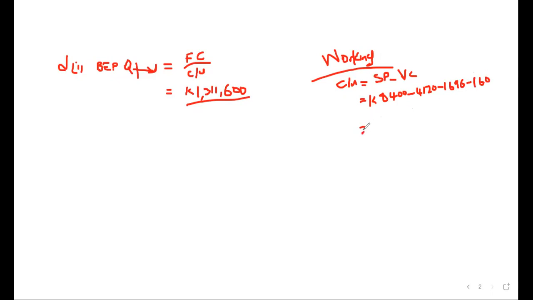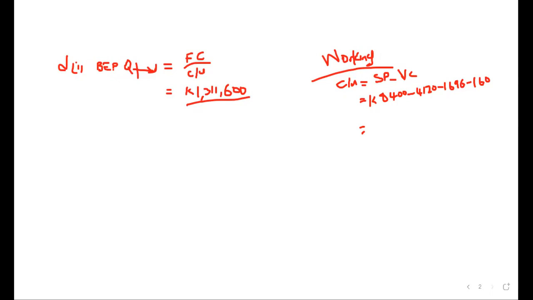Okay. So if we less these from the selling price, how much are we going to get? So let's do it. 8,400 minus 4,020 minus 1,696. Okay, I think I didn't do the calculation properly. Just let me go through it again.